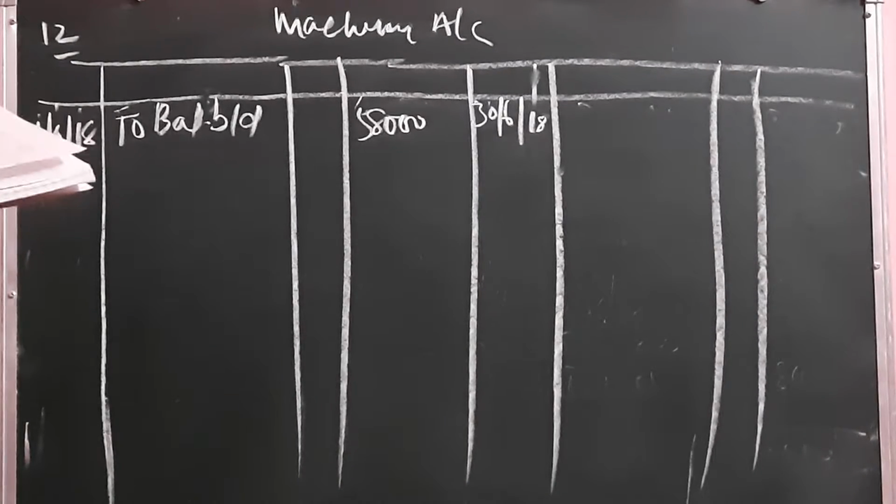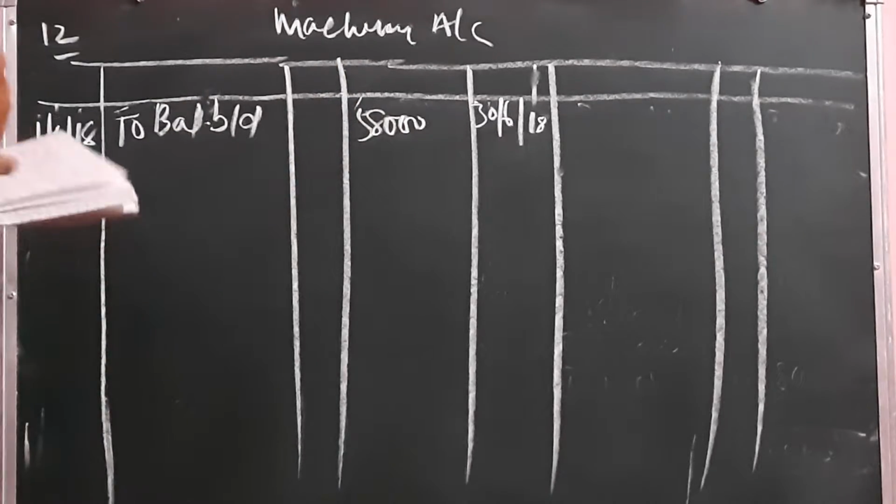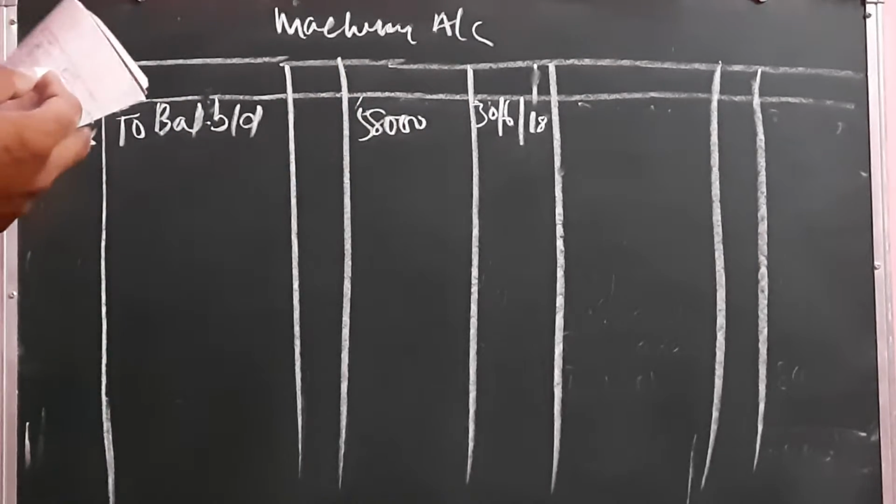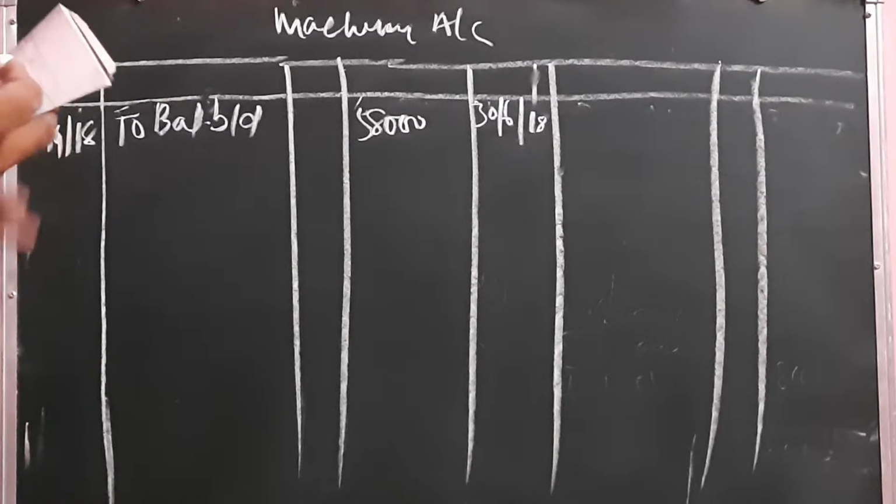So from 1st April to 30th June, we have to charge the depreciation for April, May and June.